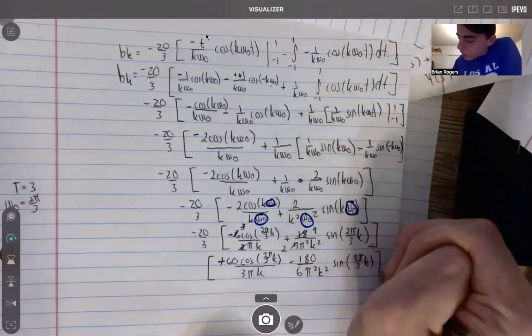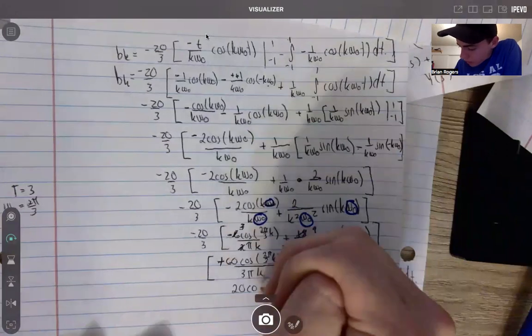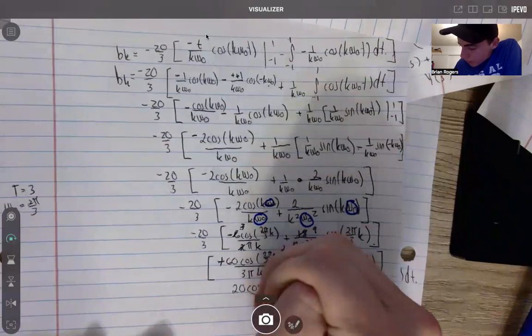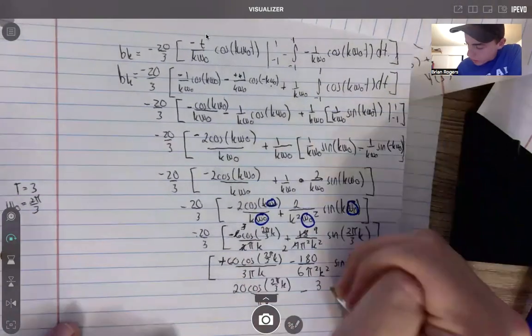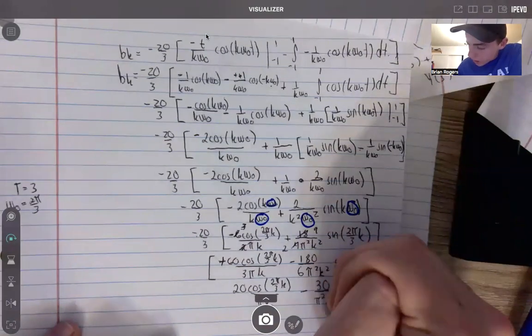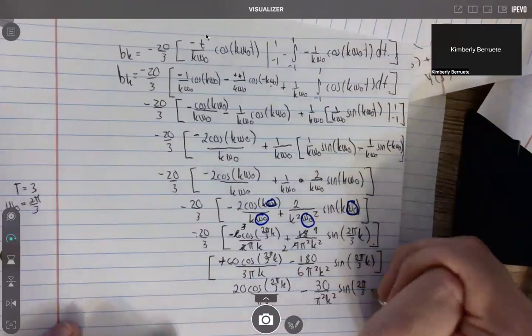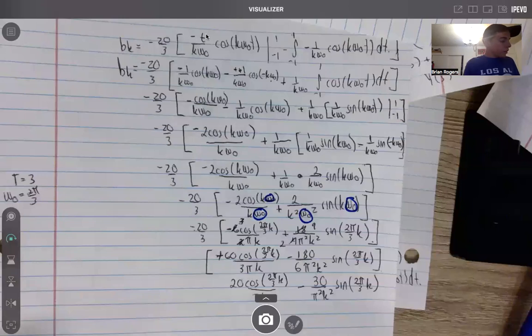Here we divide, so we get 20 cosine of 2 pi over 3k all over pi k. Here we divide, and we're going to get 30 over pi squared k squared sine of 2 pi over 3k. Okay, now we got all that within our specific format for a formula.